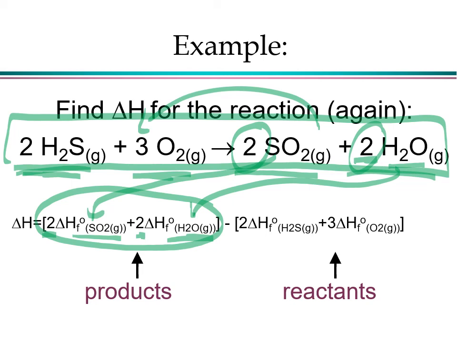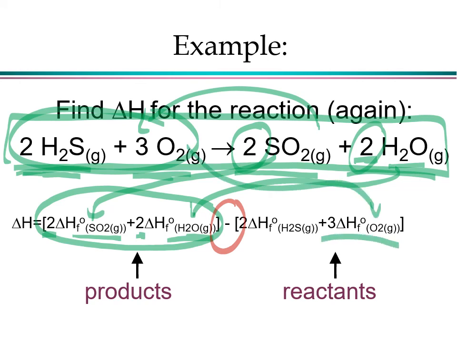We're going to sum that together, and then we are going to subtract from that the heats of formation of the reactants. Now, oxygen is 3 times 0, so that's easy to do. And there's 2 sulfur dioxides, so take the heat of formation of the 2 sulfur dioxides, and we should end up with the delta H of the target reaction.